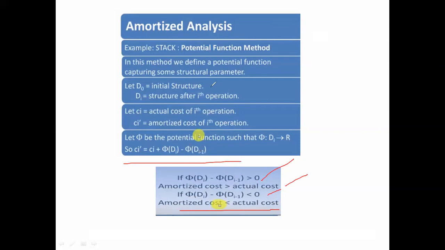So we are taking D0 as the initial data structure, and Di is the structure after the ith operation. We call this the potential difference. For better understanding, we use this with the example of a stack.